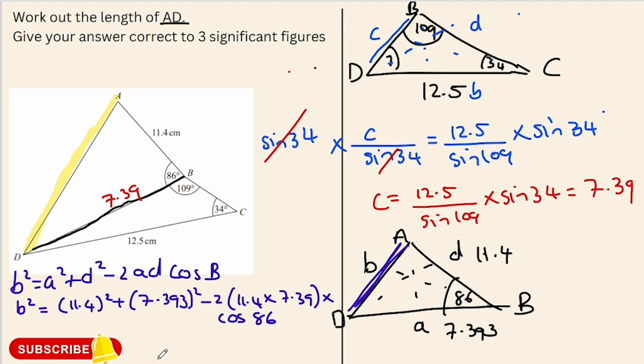And if I put that all in my calculator, I should get B squared equals 163.8978... And then I'm going to square root both sides. And if I square root both sides, I get B equals 12.89. And that is my answer for part from A to D.